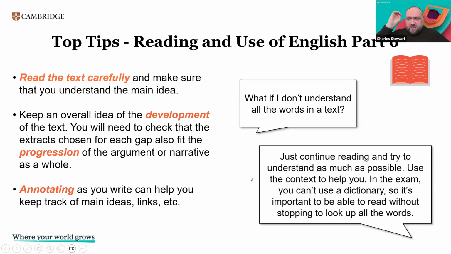Usually, if you see a word that you do not know, if you look at the context, what comes before, what comes after it, it will give you an idea as to what the word can be. 99.9% of the time, the answer will not depend on you understanding the one word. Don't get caught up on the one word that you don't understand, and in doing so, panic and forget about the other 150 words that you do understand.